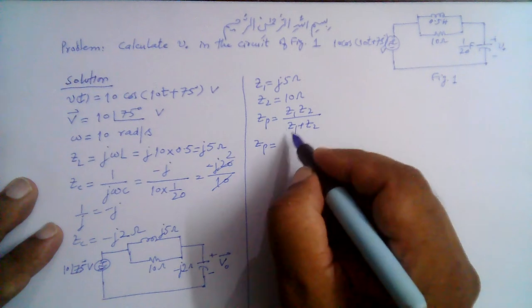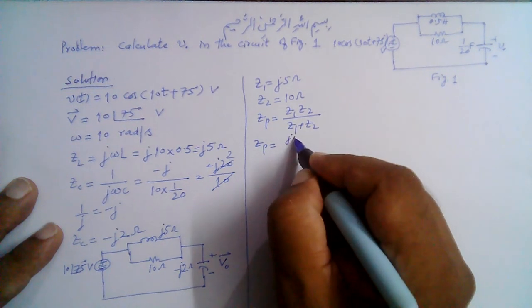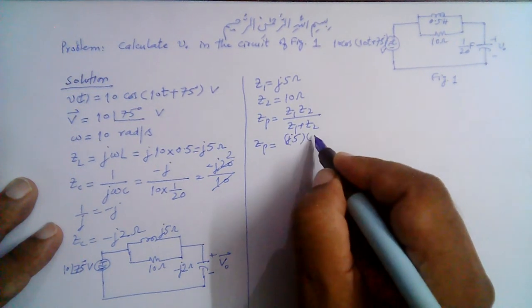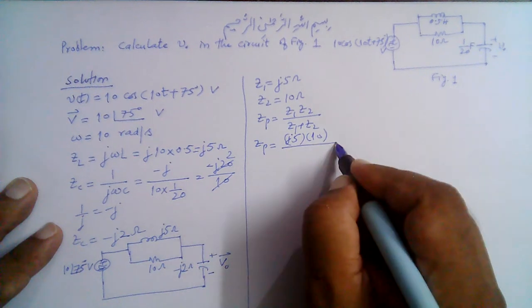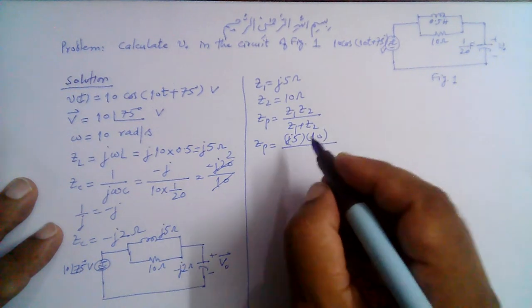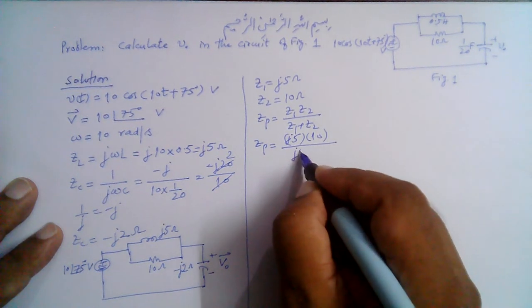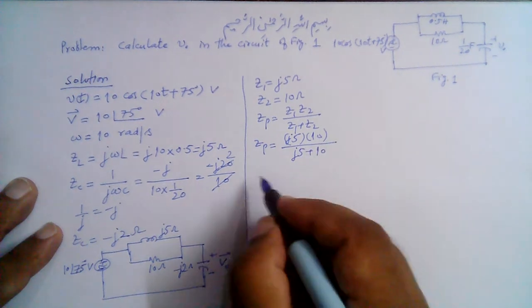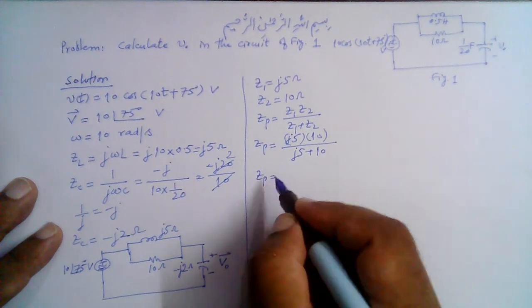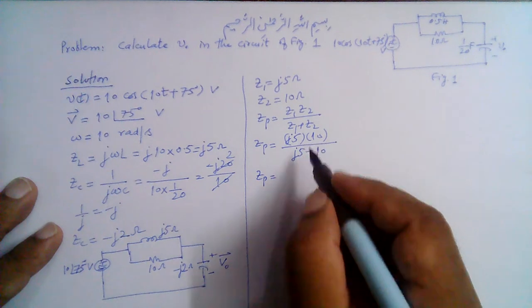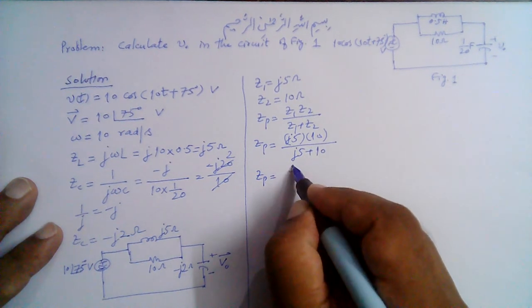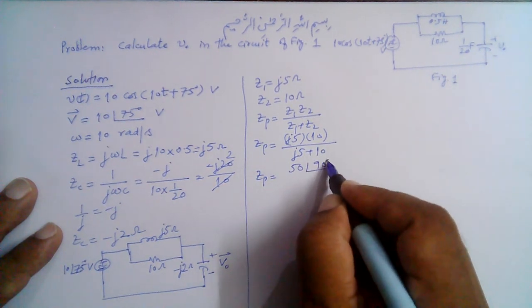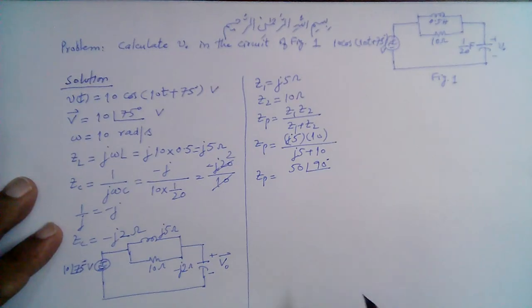So Zp is equal to J5 multiplied by 10 divided by J5 plus 10. So Zp is equal to J50 over 10 plus J5. So this is 50 angle 90 degrees. 1J is equal to 1 angle 90 degrees.